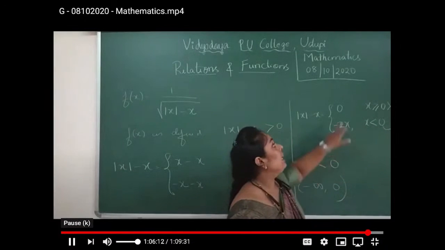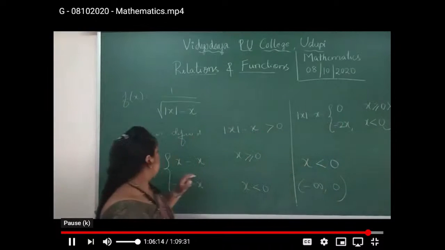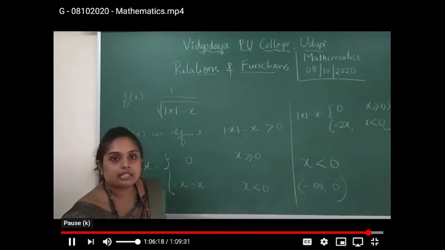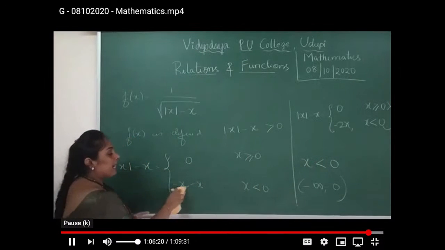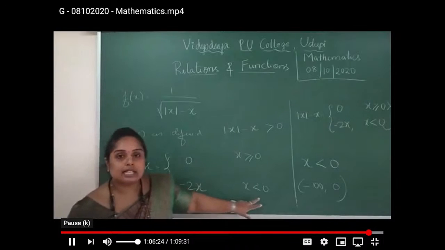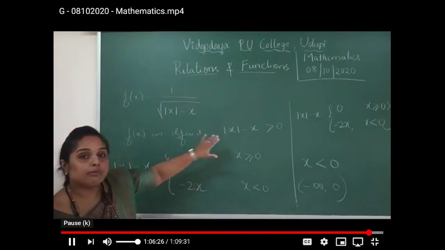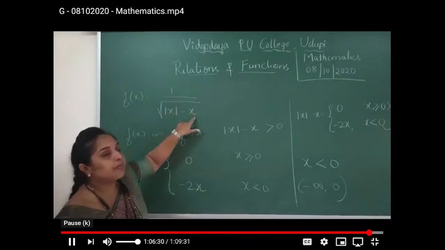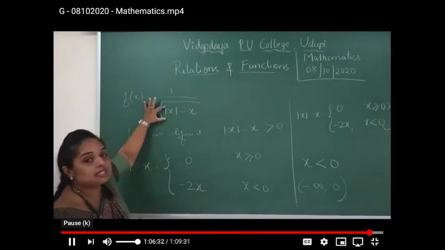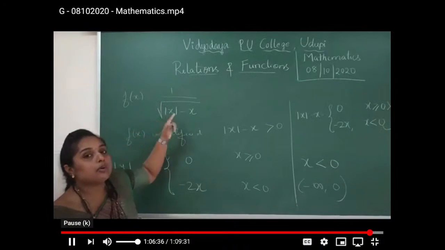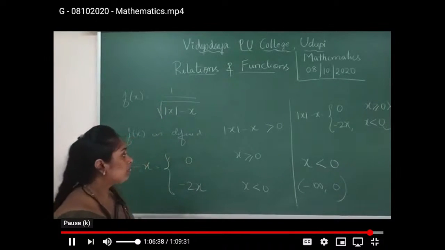Once again I will repeat. You see, x minus x here, what did you get? Mod x minus x will be 0 for x greater than or equal to 0, and minus 2x for x less than 0. But according to my condition, f of x is defined only if this is positive. If this is 0, not defined. And inside the square root, I should not get negative also.